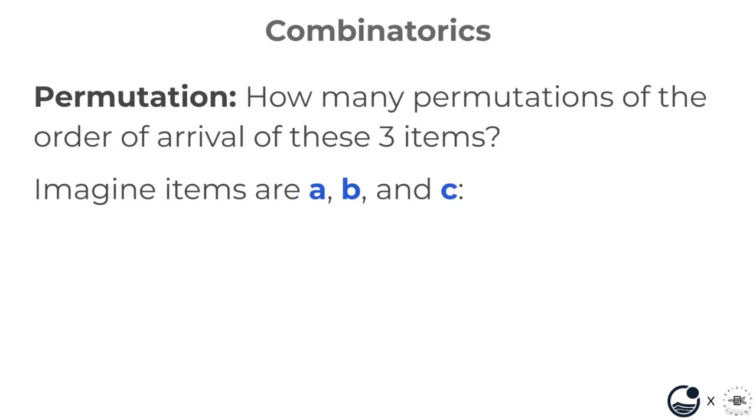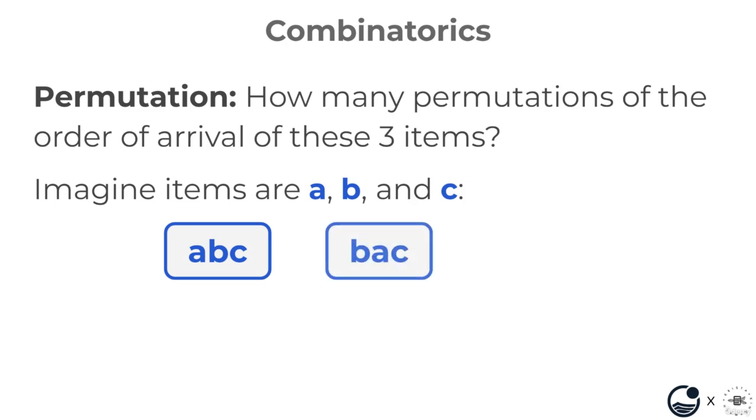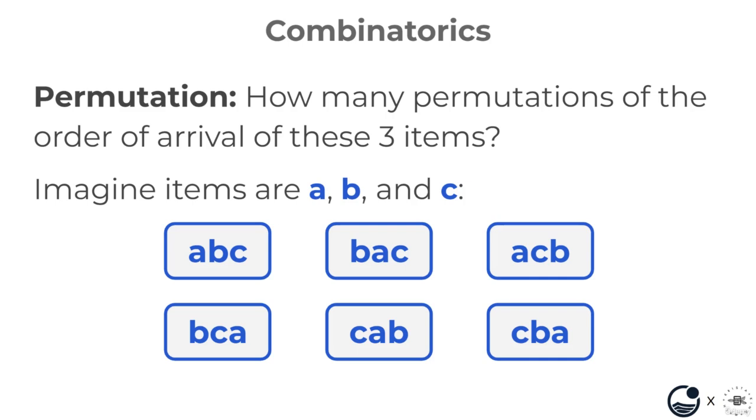Well, let's imagine the items are A, B, and C. You could have item A arrive first, followed by B, then followed by C. Or you could have item B arrive first, followed by A, followed by C. And you can actually write out all these possible permutations of the order of their arrival: ABC, CAB, BCA, etc.